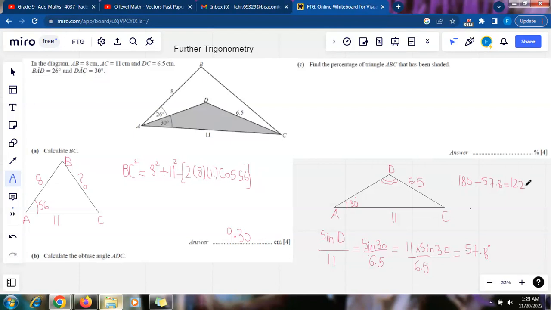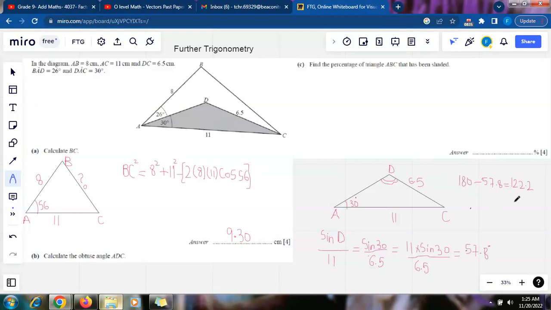This part has 3 marks, and you have to find the obtuse angle. If you are leaving your answer over here, this is not an obtuse angle, so 1 mark will be deducted, as you were not able to find out the correct answer. The correct answer is 122.2 degrees.